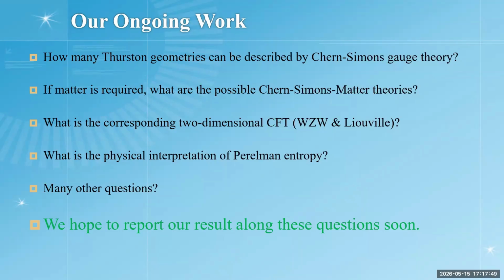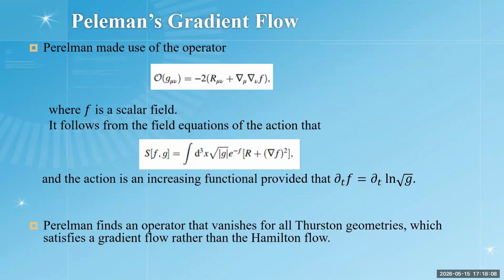Then what are the possible Chern-Simons matter theories? We want to describe the Thurston geometry using Chern-Simons gauge theory. Then maybe for some geometries we need to add matter. Then the question is, what kinds of matter? So we need to find the Chern-Simons gauge theory of this Perelman action, and this scalar corresponds to matter. Then I want to classify the specific properties of this scalar field for a given Thurston geometry.